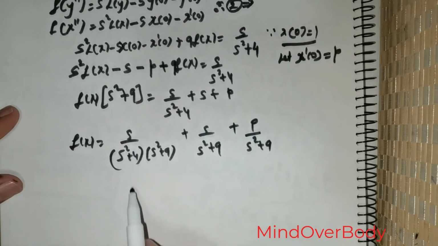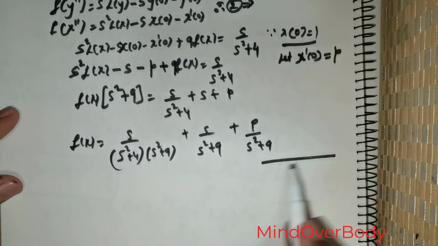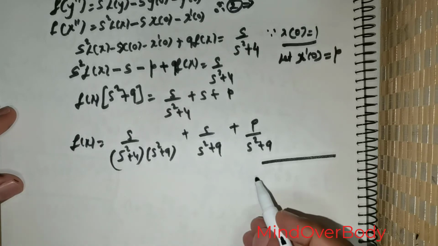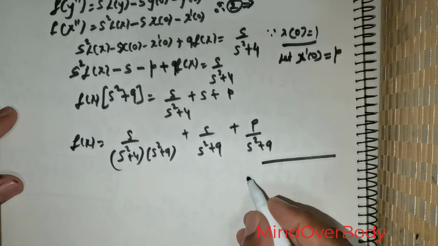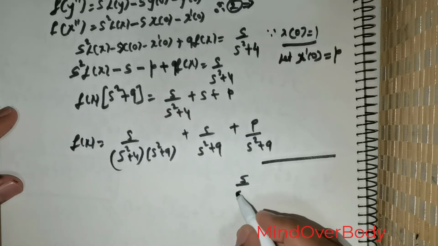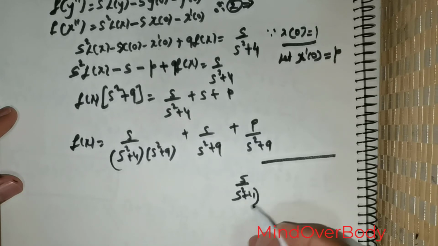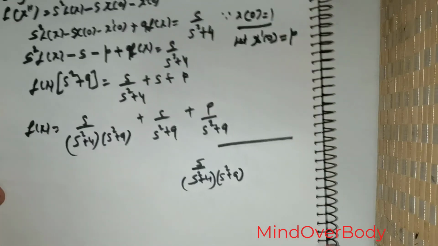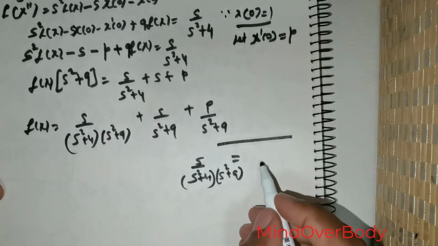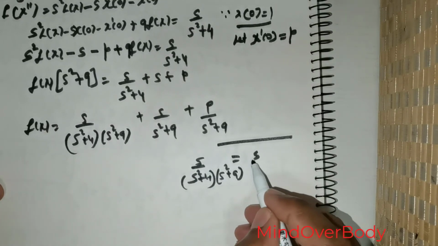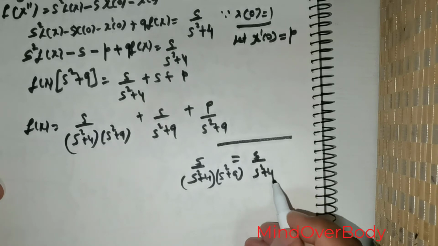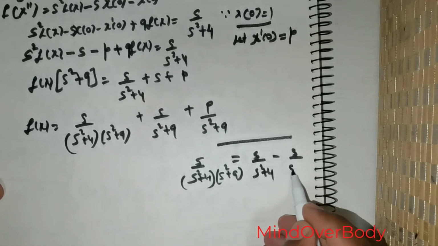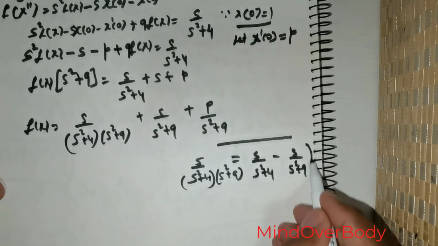Now you can use partial fractions, but I've got a technique for this. I'm going to show you this. I can rewrite s over s squared positive 4 times s squared positive 9 to be equal to s divided by s squared positive 4 negative s divided by s squared positive 9.